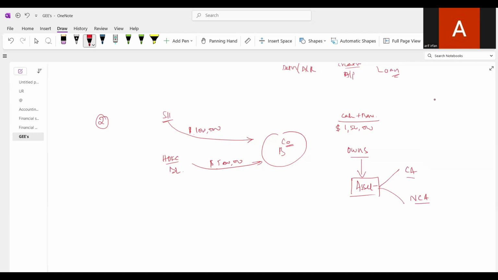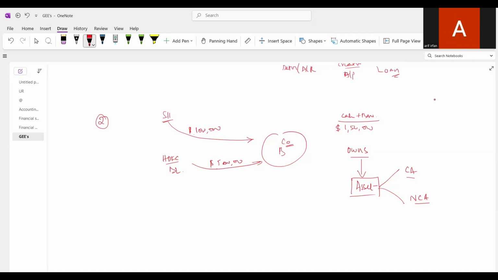So what is the current asset? In general, in layman language, we are trying to understand it. Current assets are those that are either cash or cash equivalent or anything that can be converted into cash within a year. So let's say inventory, finished goods, accounts receivable, debtors.